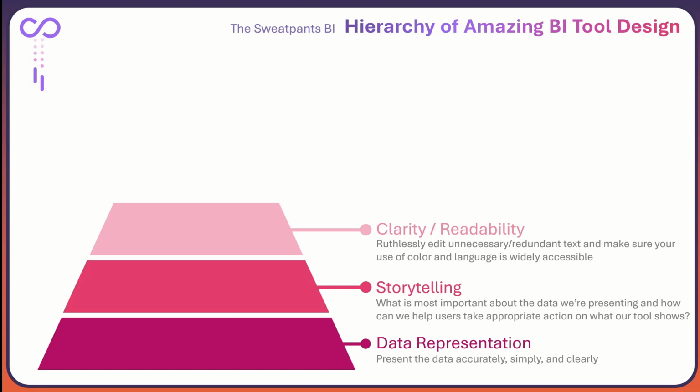So I think the next stage in my own BI maturity journey was learning how to ruthlessly edit unnecessary visuals or redundant text, making sure that I'm keeping everything as on message as possible, making sure that I'm not getting too carried away with different colors, or that if I am using blocks of text to describe or highlight something that I'm seeing in the data, I'm keeping that text as brief as possible and getting right to the point.